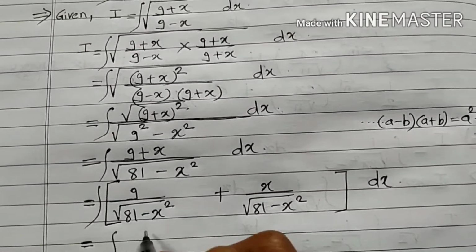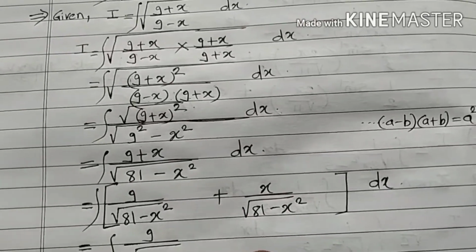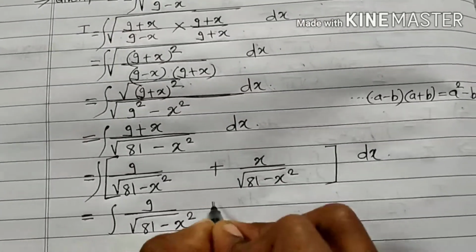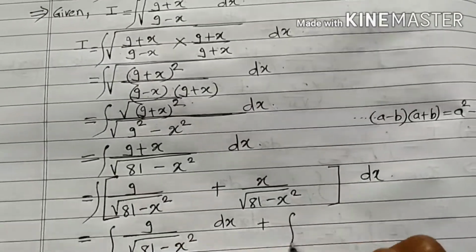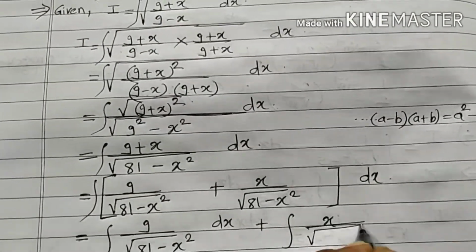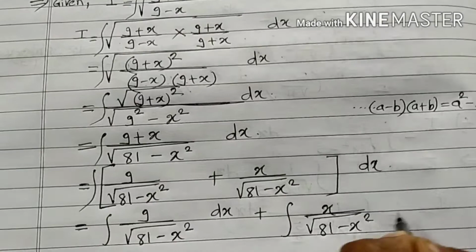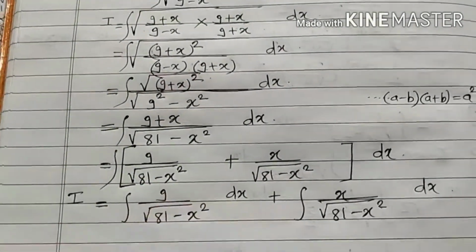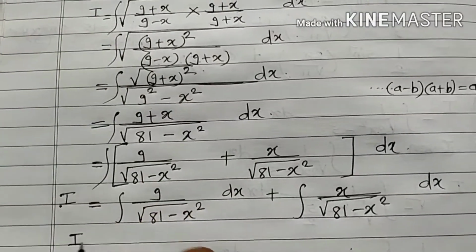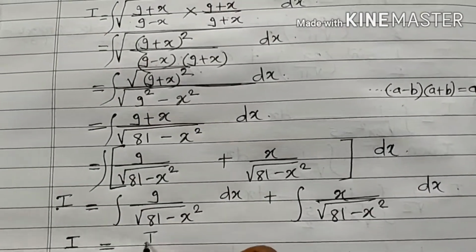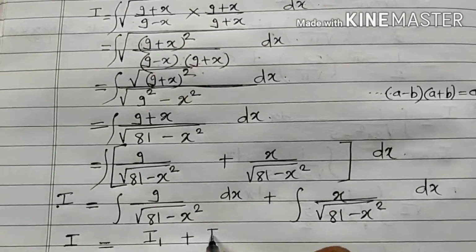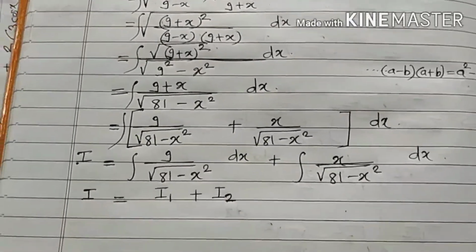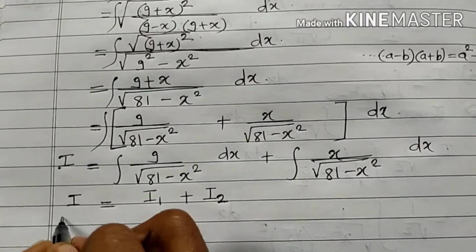So it will become integration of 9 upon under root of 81 minus x square dx plus integration of x upon under root of 81 minus x square dx. Now it is solved in parts, so give it I1 and this integration is I2. So first take I1 here.